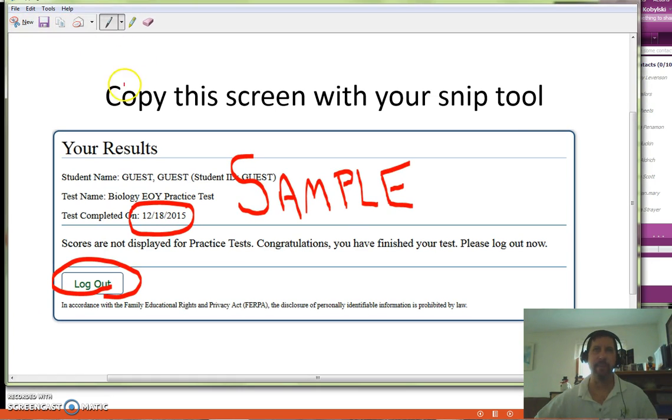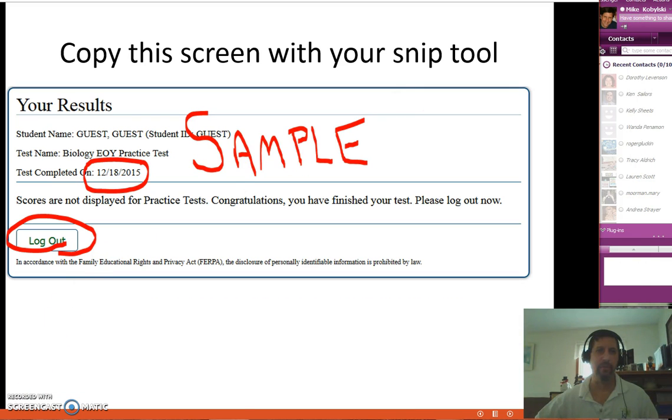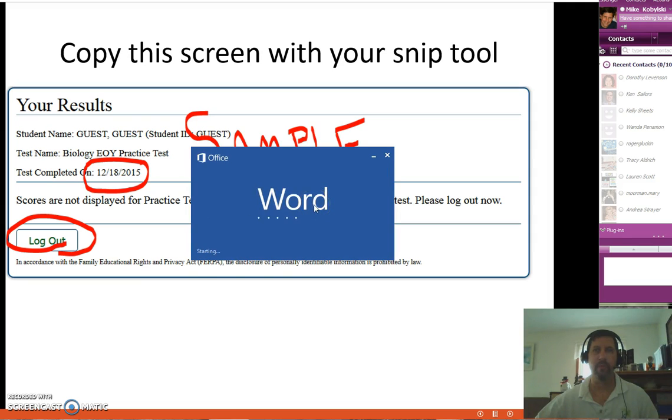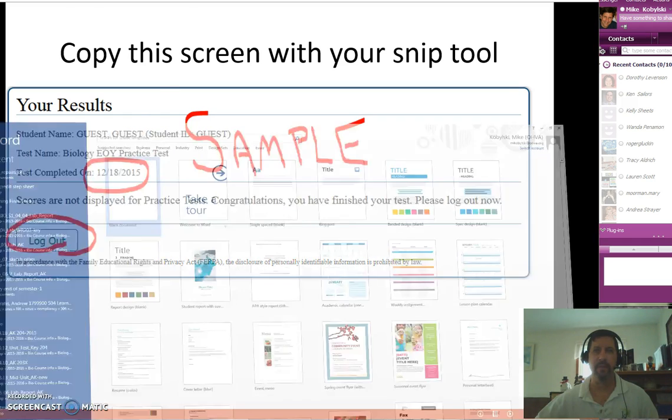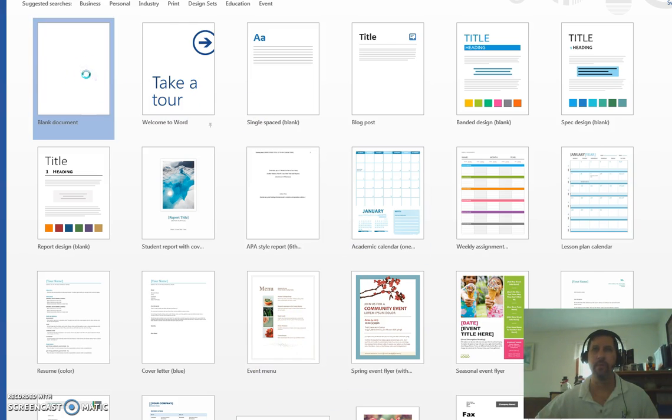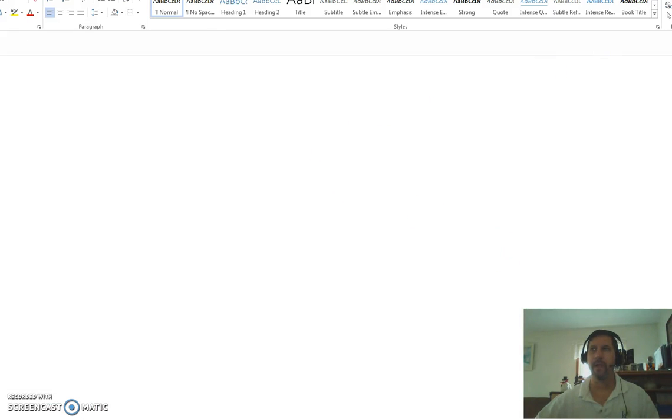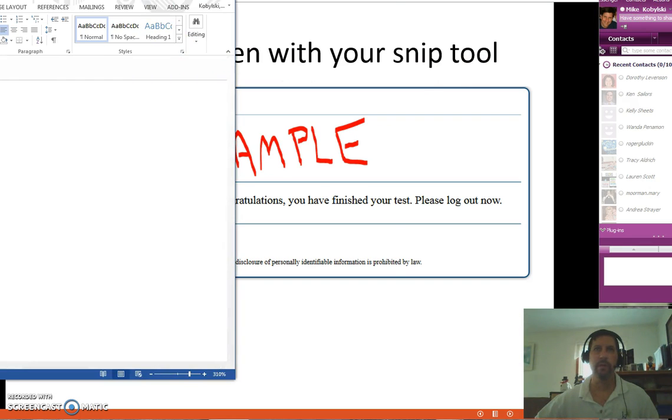So if I want to copy this, I can copy it to a document. And let me show you real quick. So if I call up a Word document, there's my Word document coming up somewhere. I think it's coming up. Oh, got to get a new one. Okay, and I make it a little bit smaller.